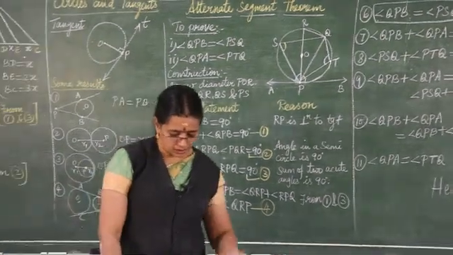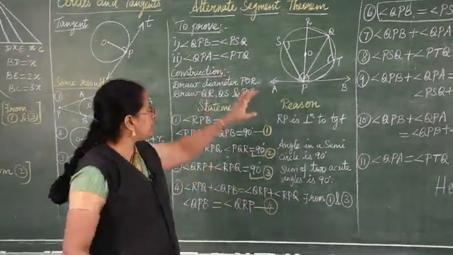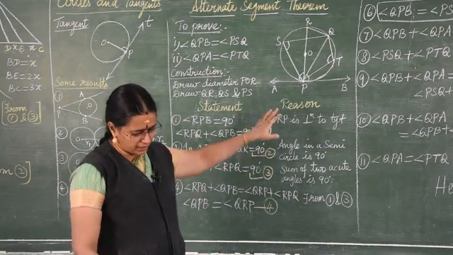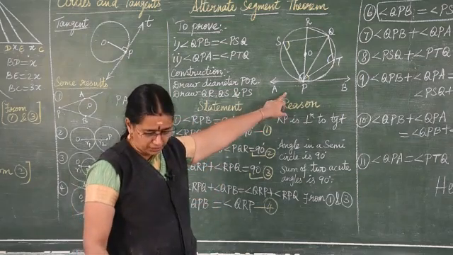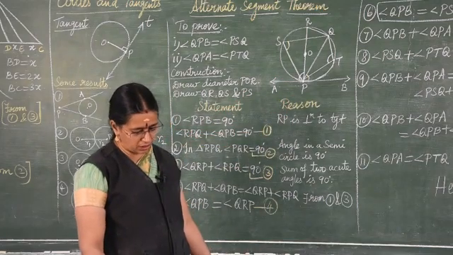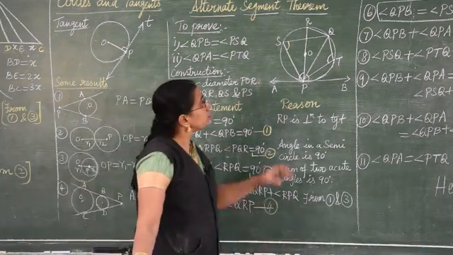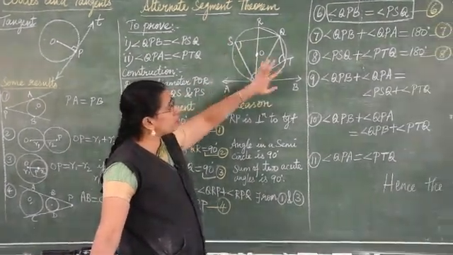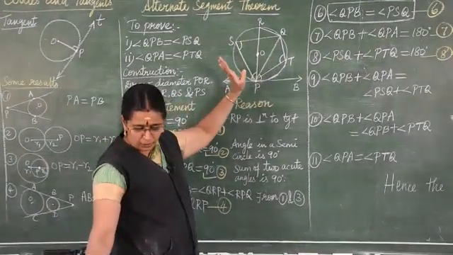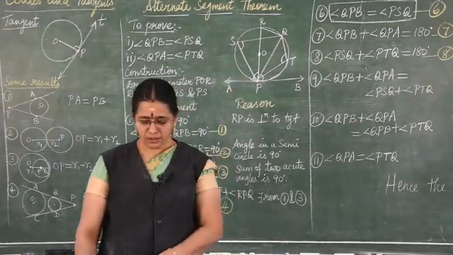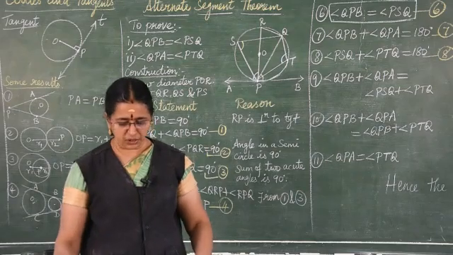And what are the things given? A circle with center O is given. Tangent AB touches the circle at P, and PQ is a chord. S and T are two points on the circle which are on opposite sides of the chord PQ. And what are we going to prove?